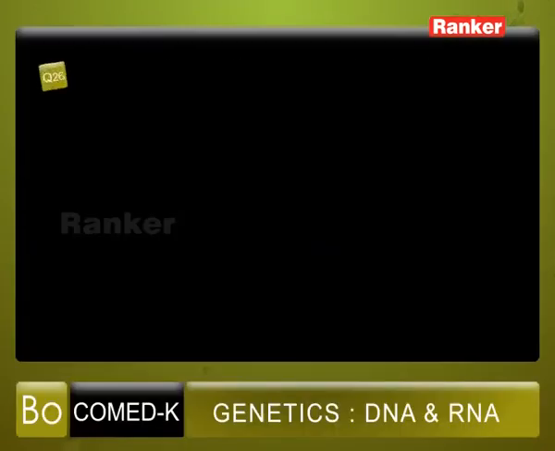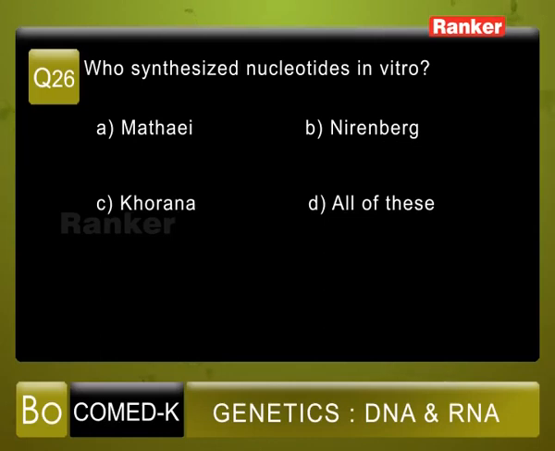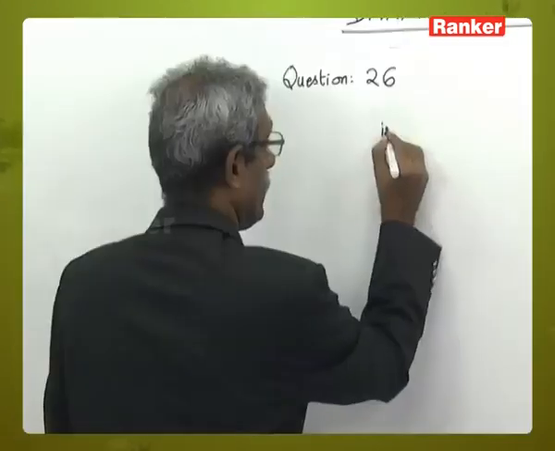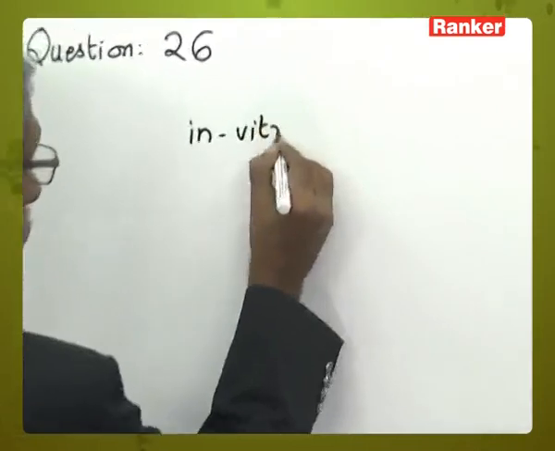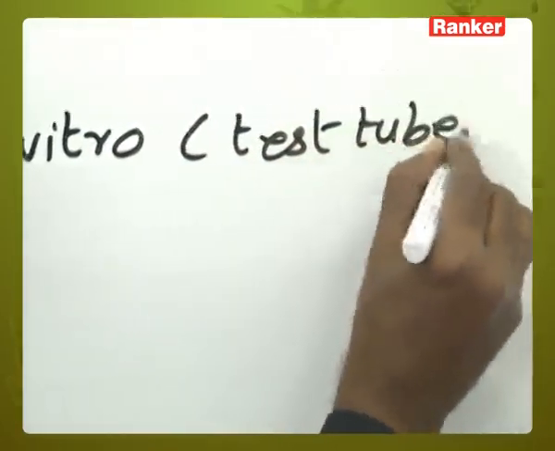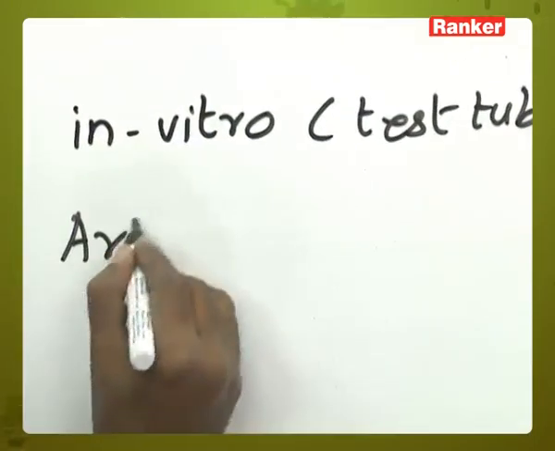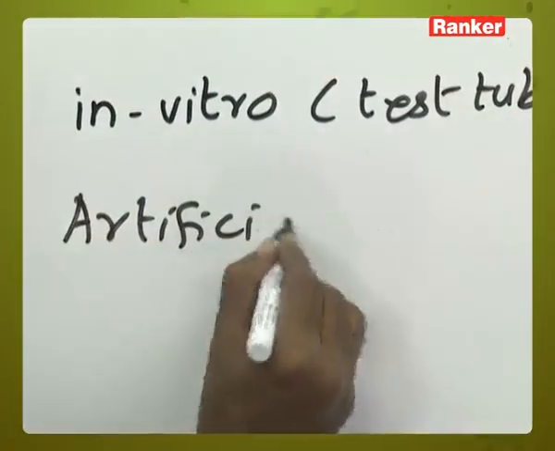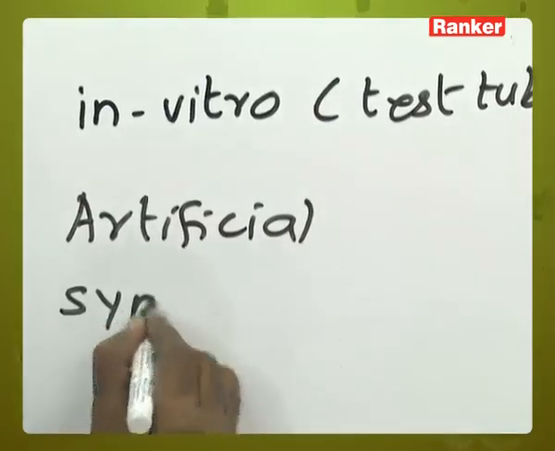Question number 26 deals with very important discoveries, especially related to the Nobel Prize in Physiology and Medicine. It asks, who synthesized nucleotides in vitro? In vitro refers to the test tube, or artificial synthesis.